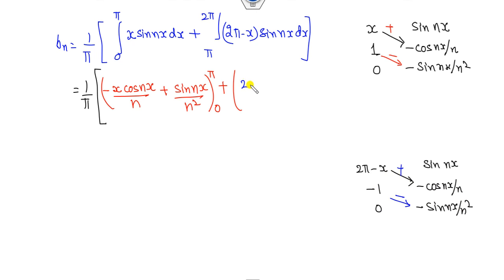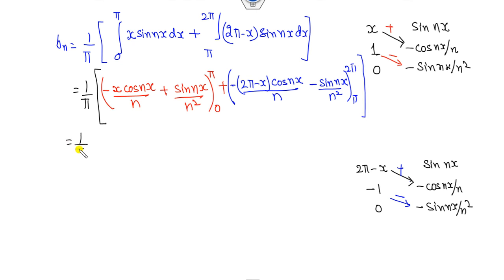So it will be 2 pi minus x, and then it will be minus cos nx over n, plus, and again a minus sine nx over n square, from pi to 2 pi. Fine.